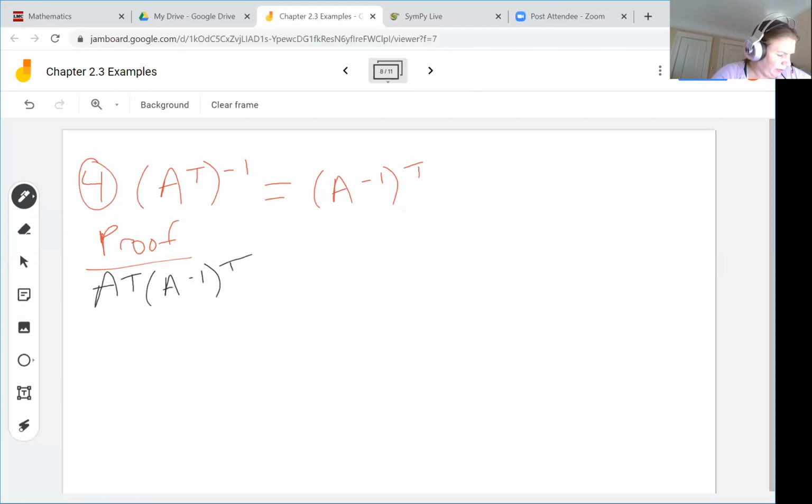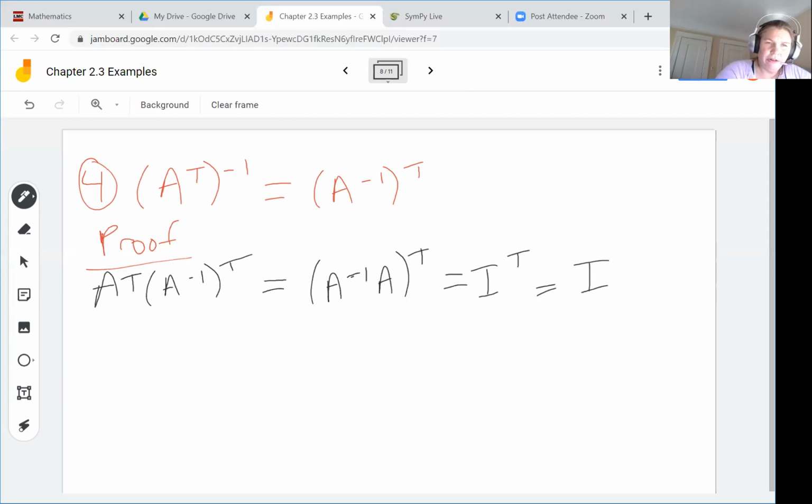Let's see what happens. We can pull these together under one exponent, making sure we change the order: A inverse A, transposed. And then we know that's just the identity. And the identity transpose is still just the identity.